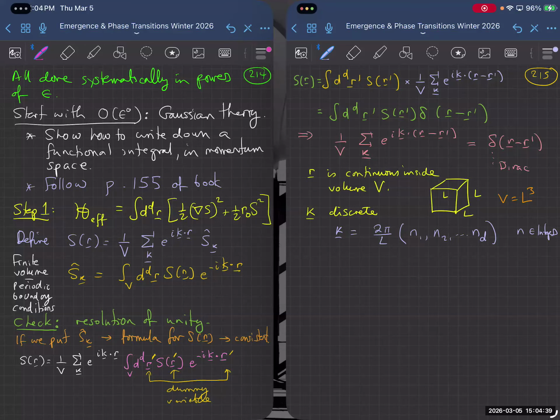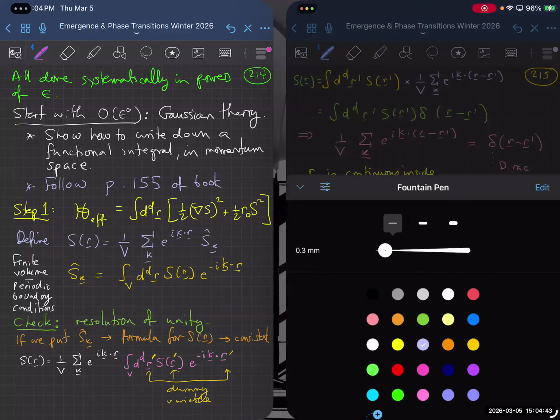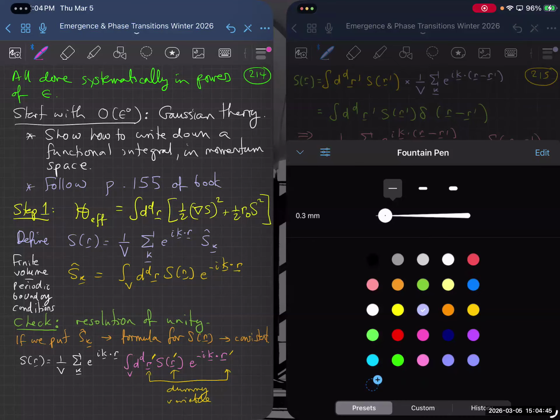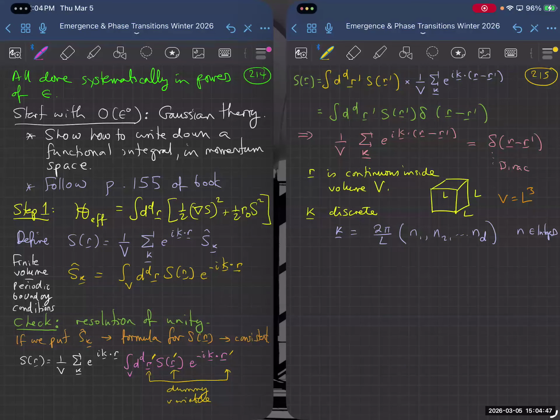Okay, so let's see if that makes sense. We can ask another thing, which is important to remember, and is more or less the only thing you need to remember if you're going to do solid state physics. So the next question is, does this make sense in the continuum limit?